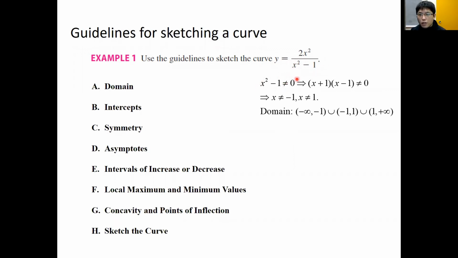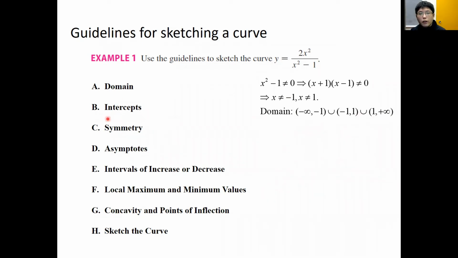So x plus 1 times x minus 1 is non-zero, which implies that x should not equal minus 1 and x should not equal 1. This way we decide the domain to be minus infinity to minus 1, union minus 1 to 1, union 1 to infinity. All right, so this is the domain we have obtained.